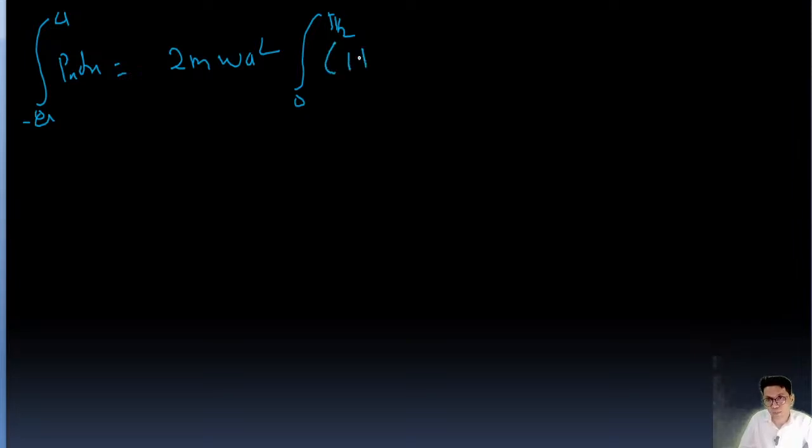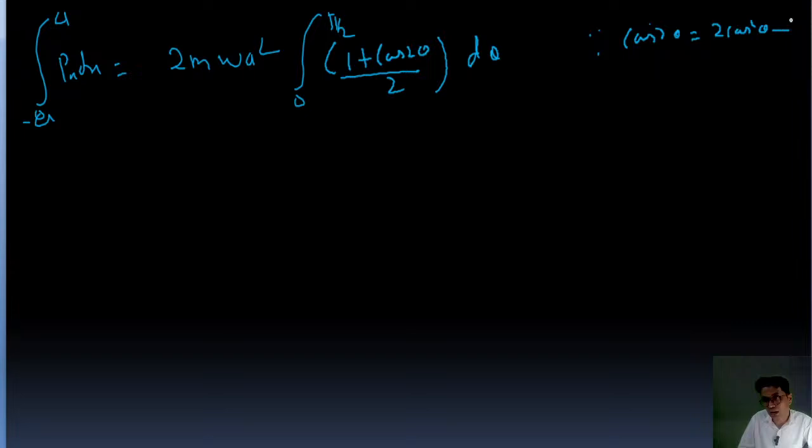We can write cos square theta as 1 plus cos 2 theta by 2, because we know cos 2 theta equals 2 cos square theta minus 1. So we have used this identity and put the value. So this is going to be 2m omega a square, and this value we will integrate.